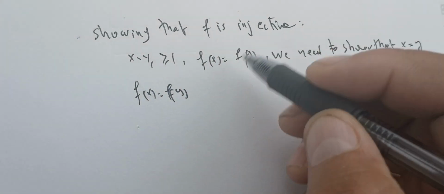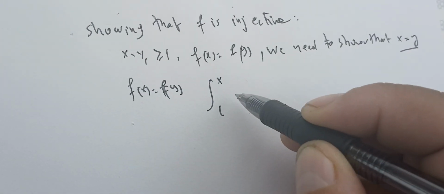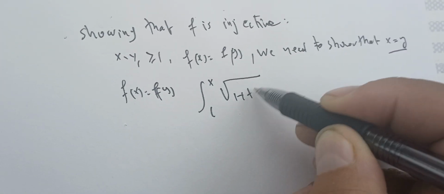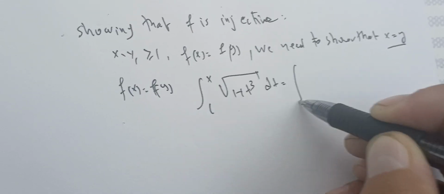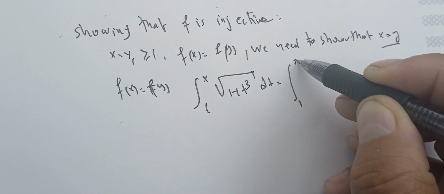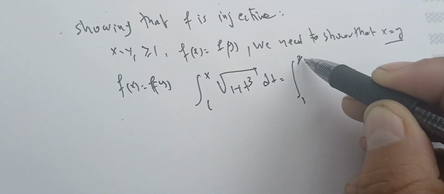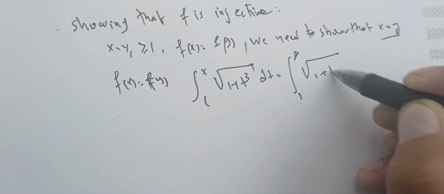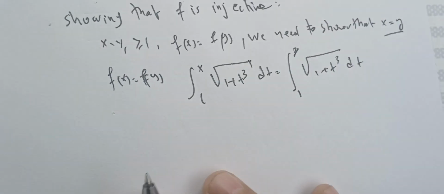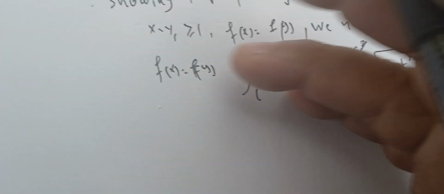So here, this means that the integral between 1 and x of the square root of 1 plus t cubed dt is equal to the integral between 1 and y of the square root of 1 plus t cubed dt. Okay, we can either differentiate, as we said earlier, or we can take the difference.